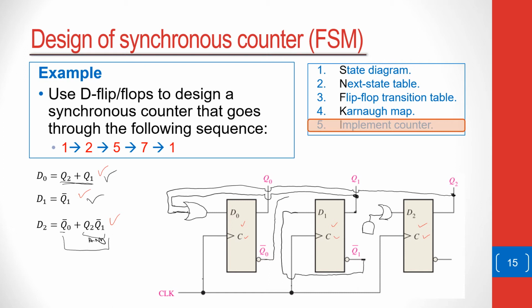I'll draw that this way. And the input of the AND gate, the AND gate is made up of Q2 and Q1 bar. So it's made up of Q1 bar and Q2. So it means then I can take that. Okay, I can take that.